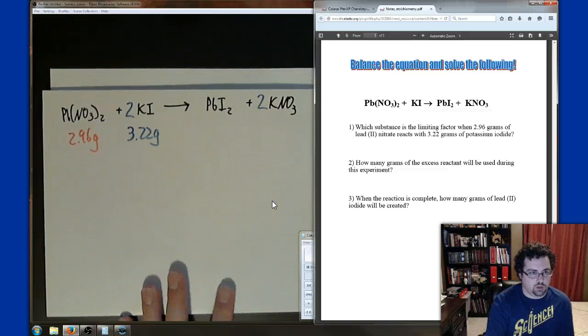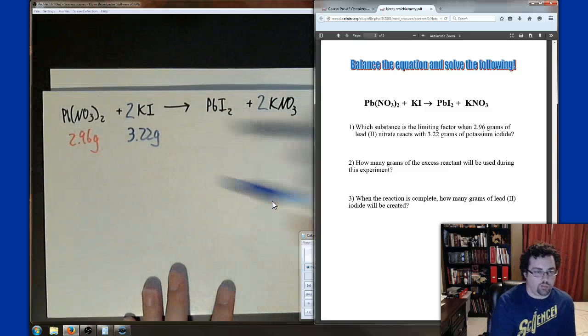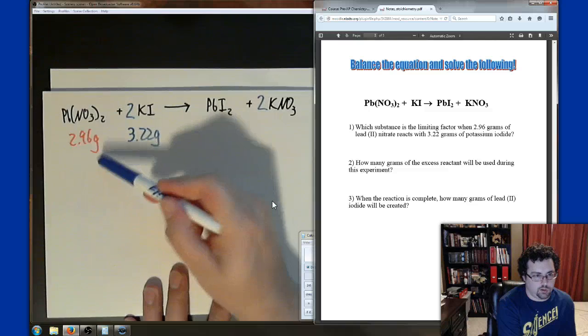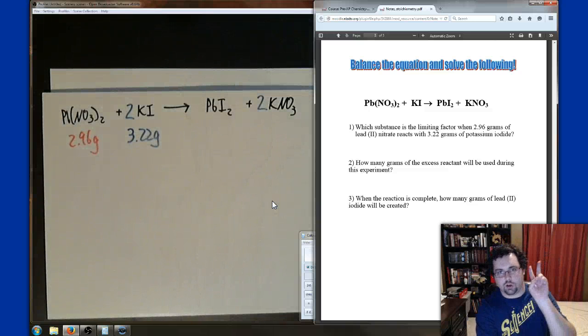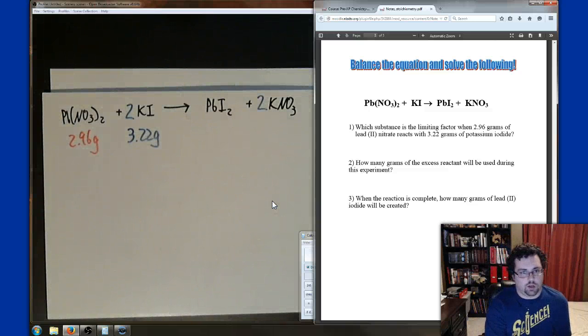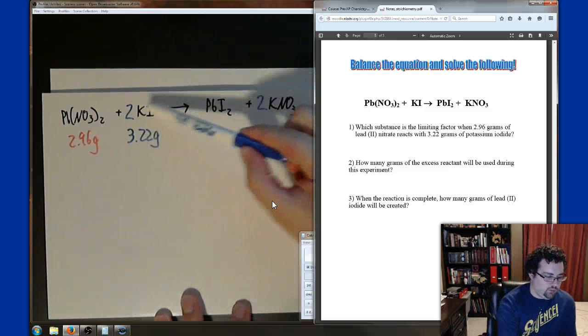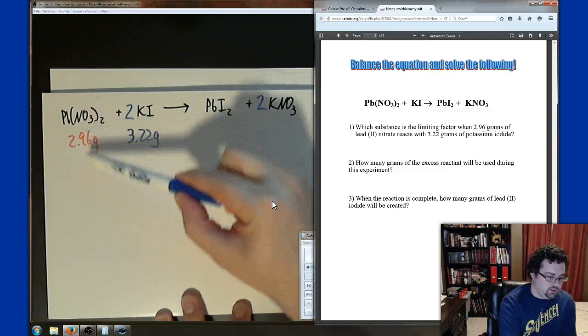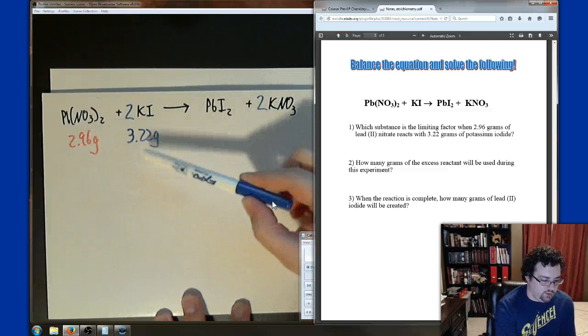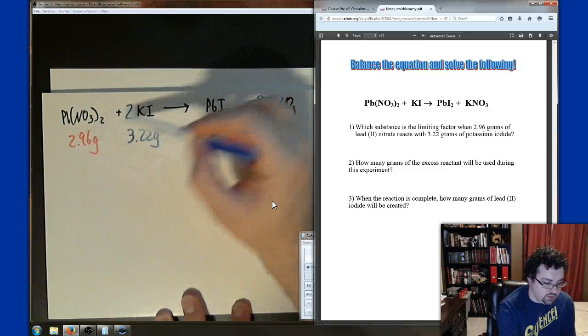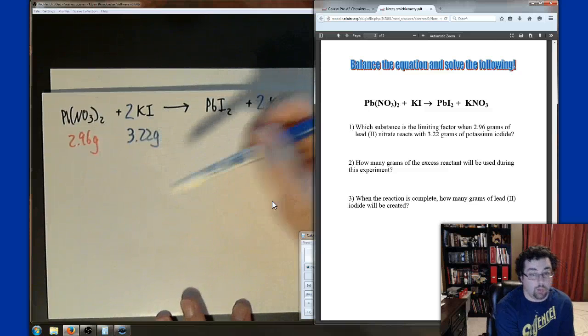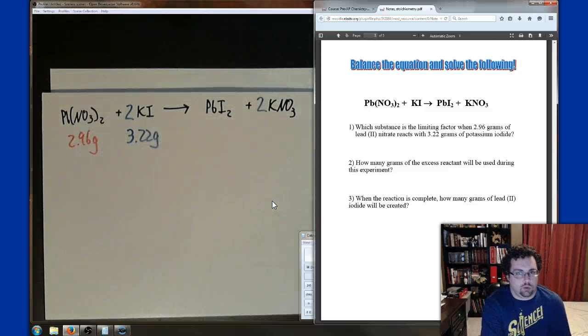I can't just look at the grams and say, this one has fewer grams, so it's limiting. These have different molar masses, so the difference in grams is not as close as you might think, because there's actually a big difference in the moles. Moles is what we compare when we look at chemical equations.